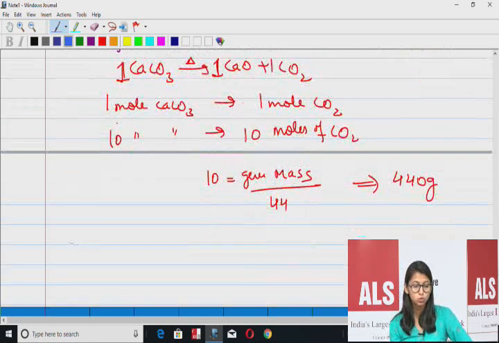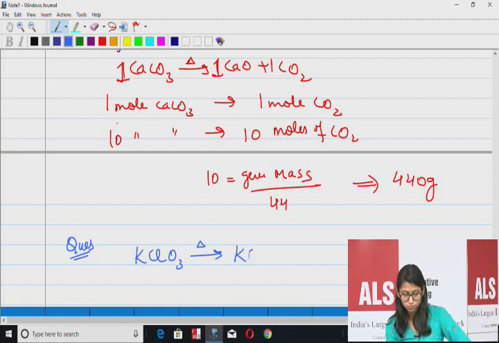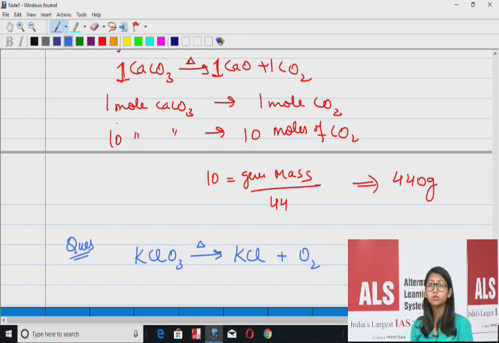The other students, do one more question. This is the equation given to you. KClO3 gives KCl plus O2. Just a second. Meanwhile, you can try and balance it.